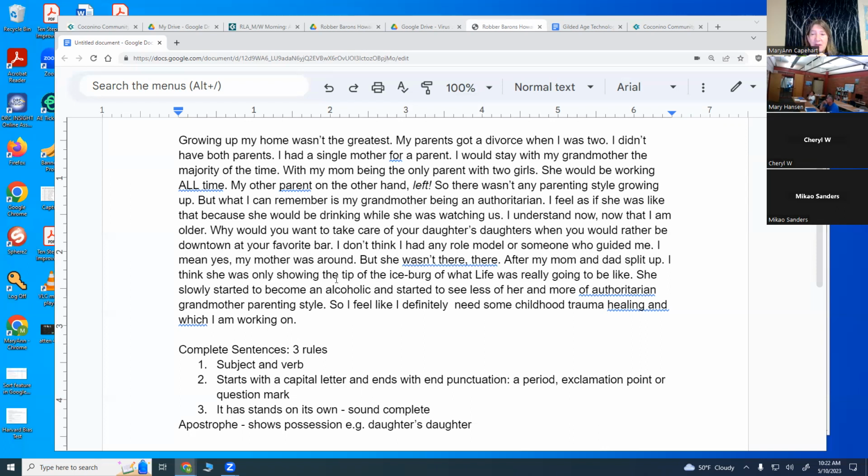Last time when we had a fragment. A fragment. New sentence? We could make it a complete sentence, or we could join it to the one before. Yeah, that's what.